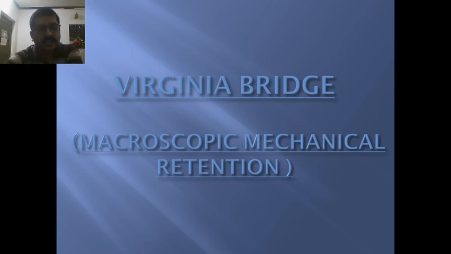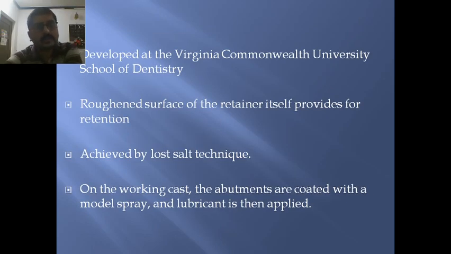The third classification is the macroscopic mechanical retention. So we have completed the micromechanical retention, and now we are going with macroscopic mechanical retention. The example is the Virginia Bridge. Like our Maryland Bridge, it is called Virginia because it was developed at Virginia Commonwealth University School of Dentistry.